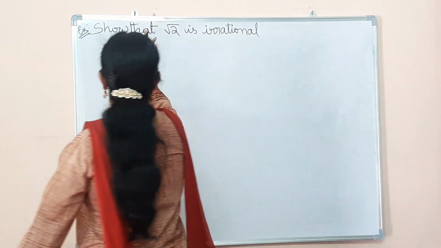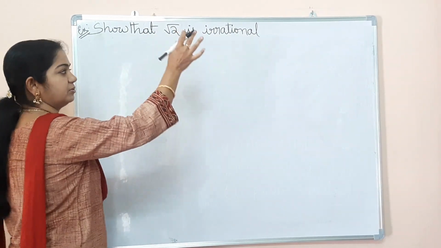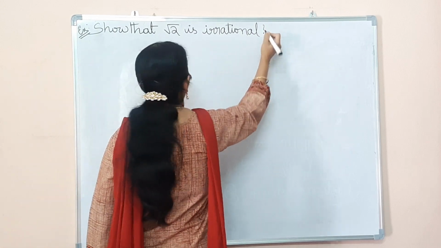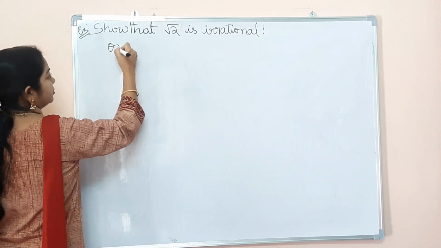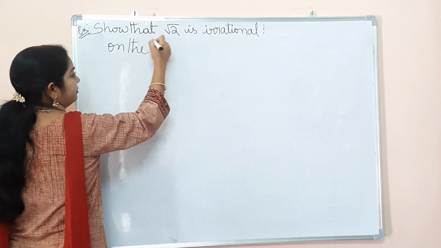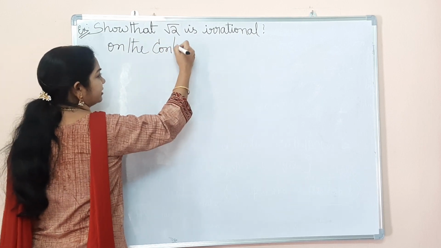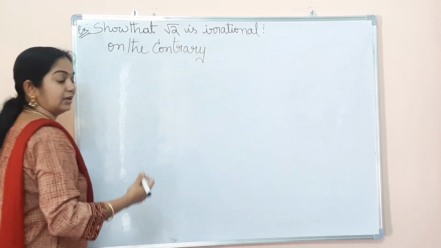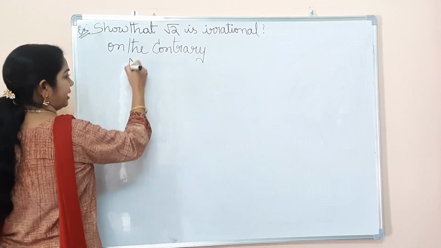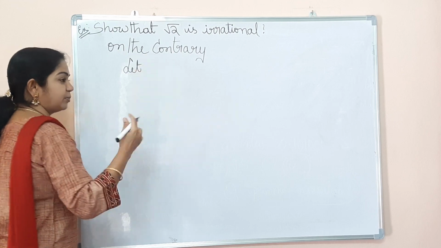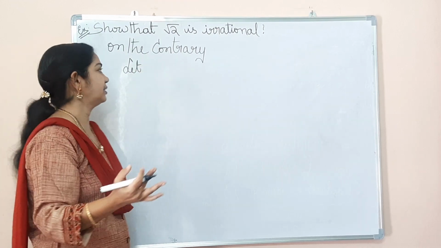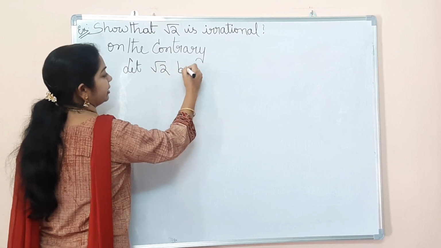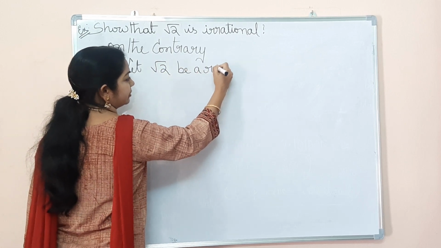Now the problem is that root 2 is irrational. On the contrary, contrary means something which is contradicting, I will suppose, supposing means assuming, let root 2 be a rational number.